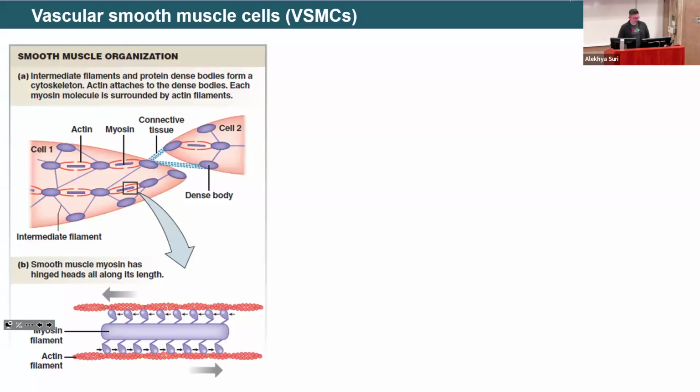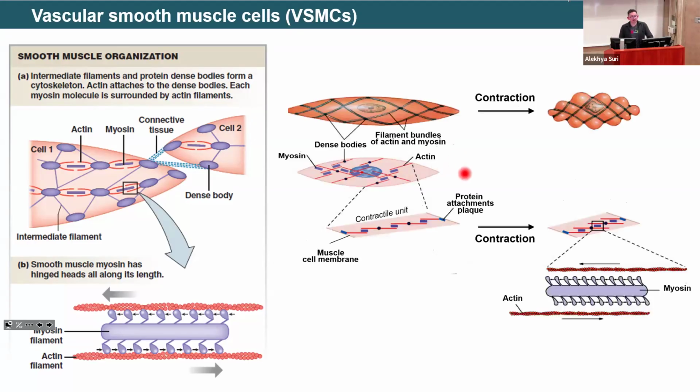a power stroke, the myosin heads basically pull on actin very much in the same way that they do in other cell types. The difference is that since you don't have those Z discs, and therefore you don't have sarcomeres to contract, what happens is that the cell basically contracts kind of in every direction, right?